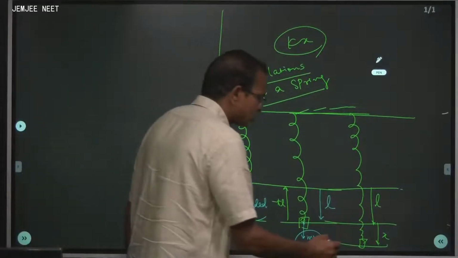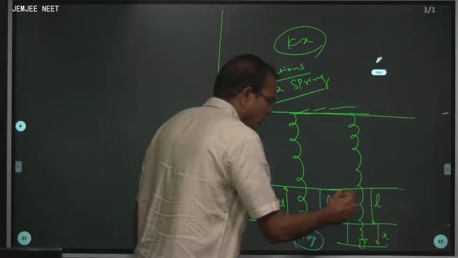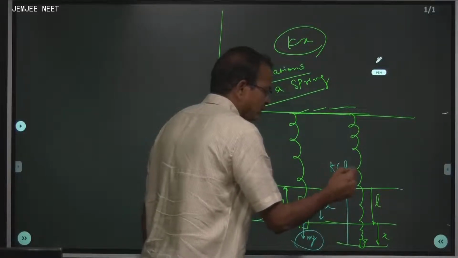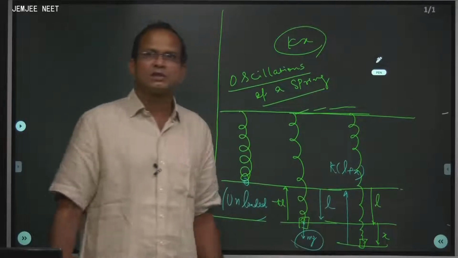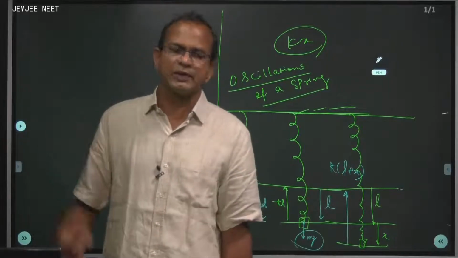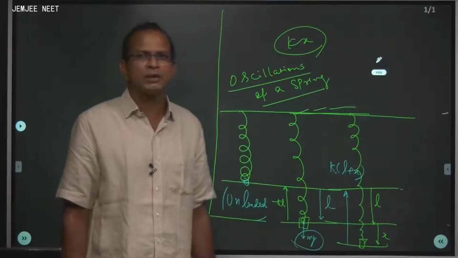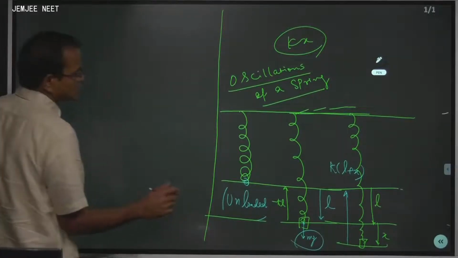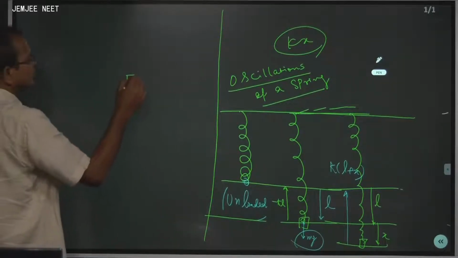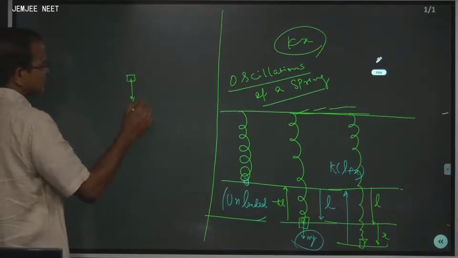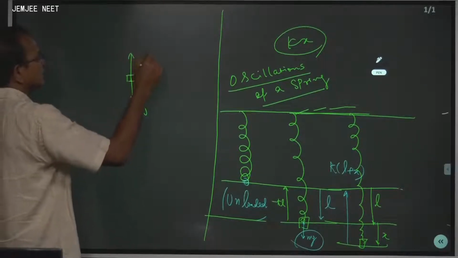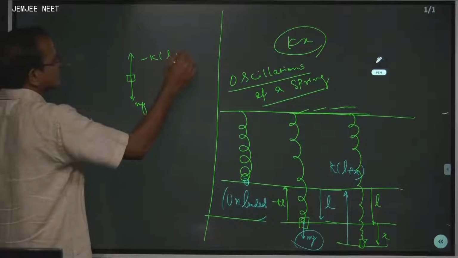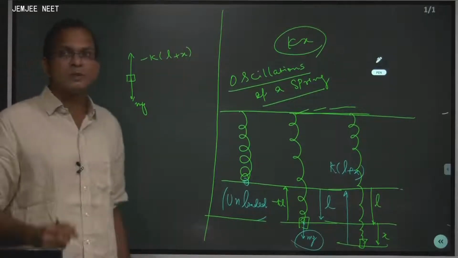Now the spring has to apply the backward force of k times L plus x. So what is your net force on your load now? This is mg, this is minus k times L plus x. So x is the additional displacement that you gave.